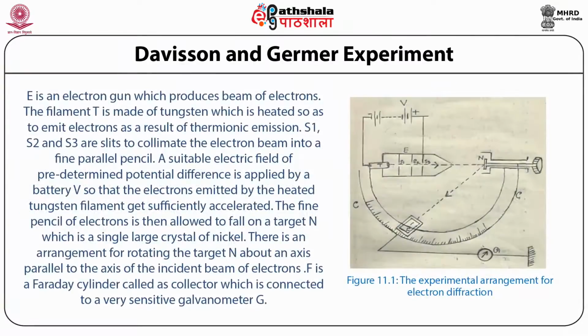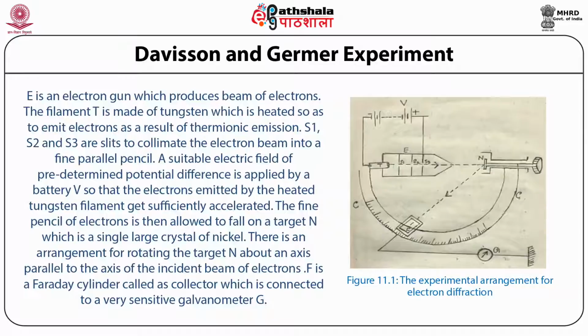E is an electron gun which produces a beam of electrons. The filament T is made of tungsten, which is heated so as to emit electrons as a result of thermionic emission. S1, S2, and S3 are the slits to collimate the electron beam into a fine parallel pencil.